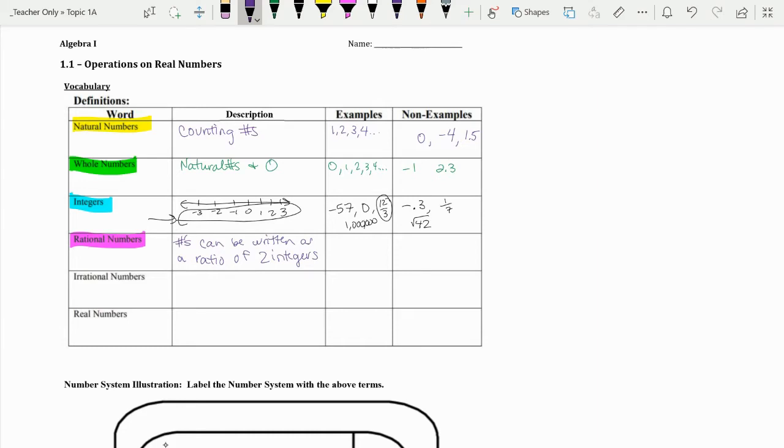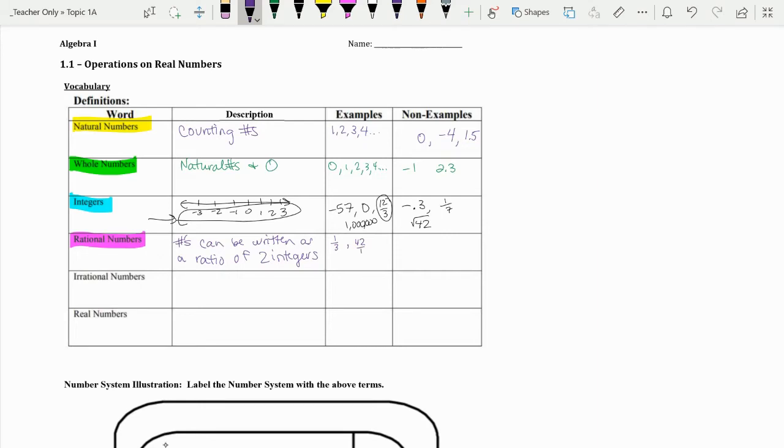So for instance, 1/3 is a rational number because it is a ratio of two integers. 42 would be a rational number because you can write it as a ratio of two integers. Now that would maybe be 42/1, but it reduces to 42.